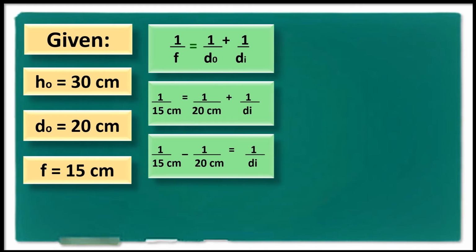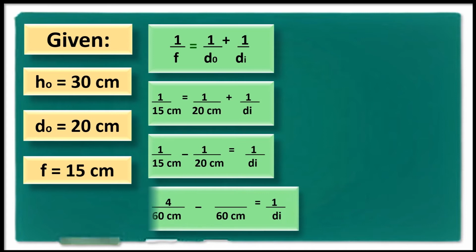Then, divide 60 by the first denominator and multiply the result by the numerator, or 60 centimeters divided by 15 centimeters equals 4 times 1, which is the numerator. This will be equal to 4 over 60 centimeters.